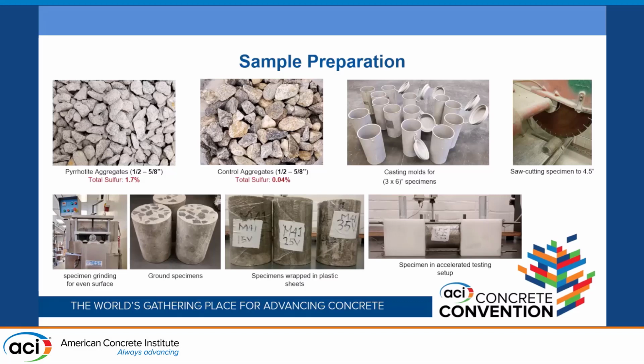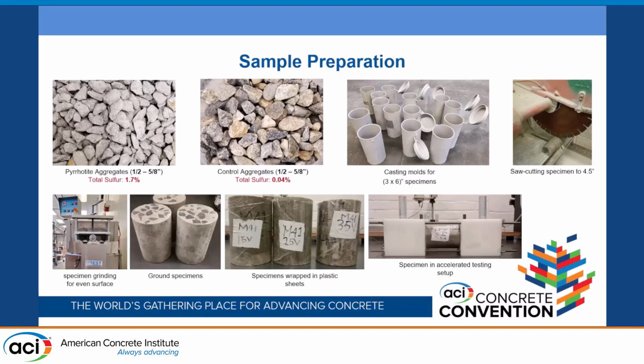We got the total sulfur to be 1.7% for the reactive aggregates. For the control aggregates, this was 0.04%, which was fine and within the acceptable limits of most of the guidelines proposed. So these are the molds. We cast the samples, and then we ground the cylinders to have a flat surface so we could put them in our test setups. We wrapped them in plastic sheets, and finally put them in the test setups and had them running.